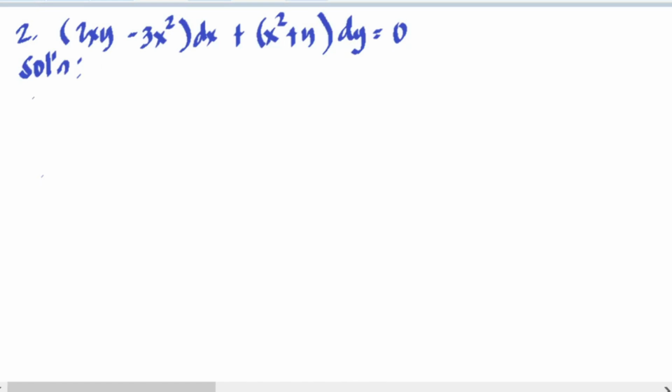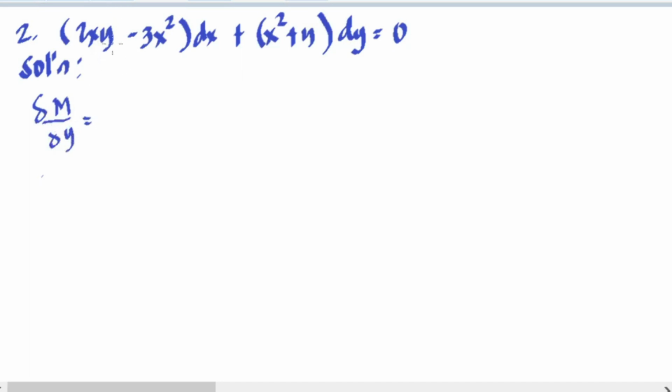So for the test of exactness, let's check if this equation is exact. So the partial derivative of m with respect to y.